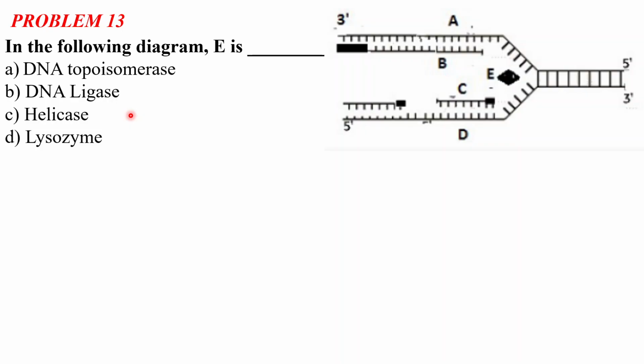In the following diagram, E denotes which enzyme? DNA topoisomerase, DNA ligase, helicase, or lysozyme?